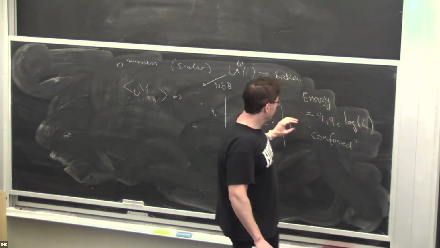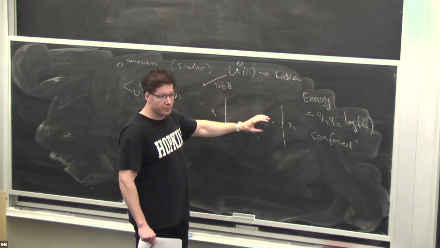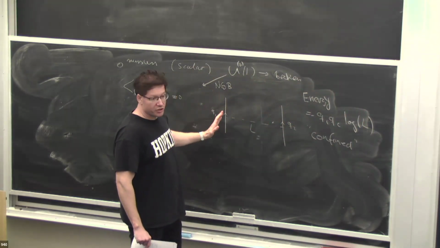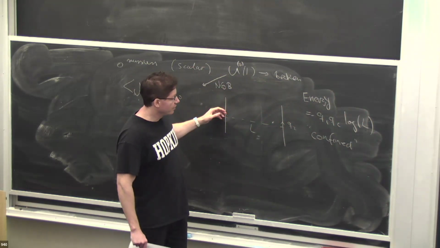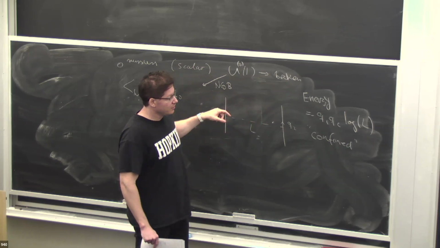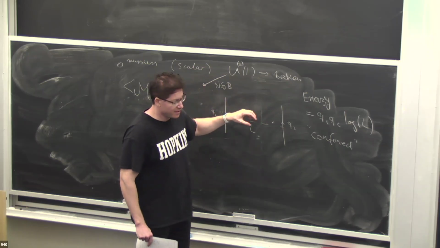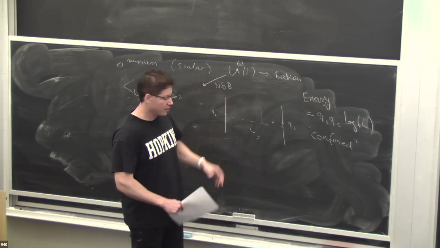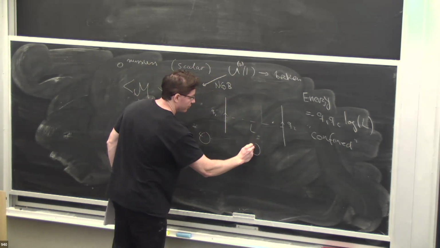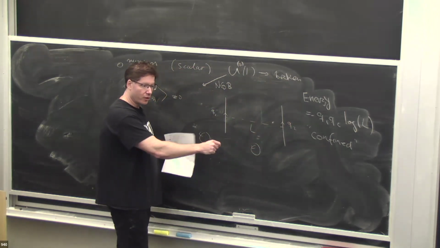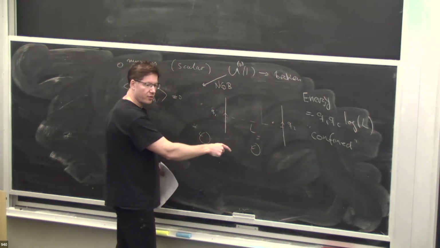And there's a simple way to see why that leads to a linear force. Because the probe charges in the scalar description are vortices, superfluid vortices, and I can explain to you later, but ordinary superfluid vortices experience logarithmic forces.